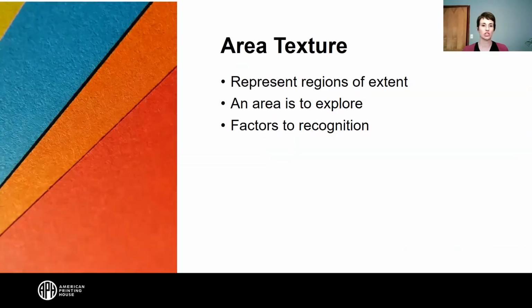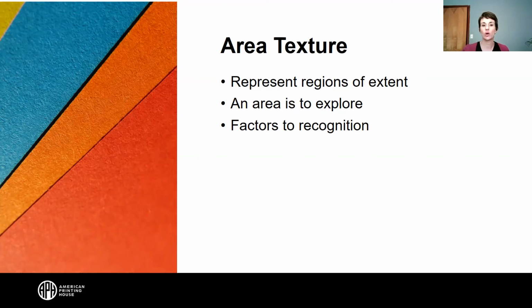So, area textures. They represent regions of extent, bodies of water or continents on a map, an area to explore. Most times, these textures are at the base. The other 3 components will be added on top of the texture.